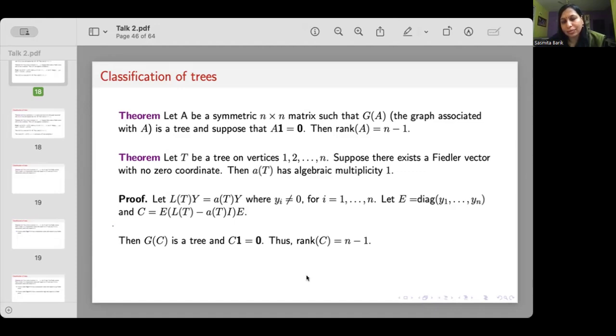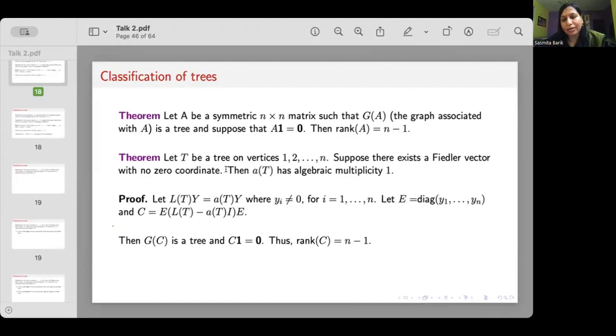For star, the spectrum is 0, and then 1 is appearing n-2 times, and n. So the algebraic multiplicity of the algebraic connectivity is more. So in that case, for the star, I can conclude that it's a type 1 tree. So there will be a characteristic vertex. So this case is when there is no zero coordinate. So there will be a characteristic edge, and in that case, multiplicity of the algebraic connectivity is 1.